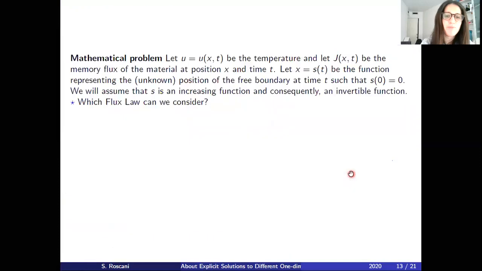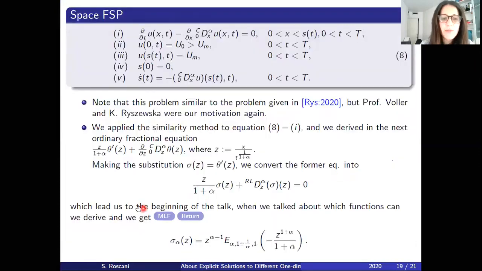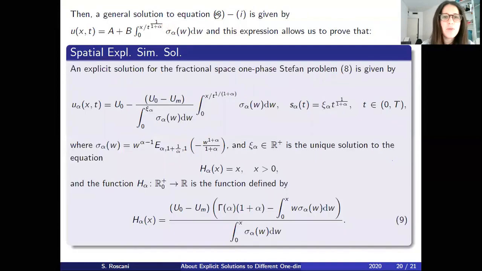So, thanks to Kilbas, we know the function sigma in terms of the three-parametric Mittag-Leffler function. Look, there are three parameters here, but two are both in terms of alpha, which is our order of derivation. We don't have another one. And then if I have sigma, I can recover theta, and if I recover theta, then I will recover a general solution, which is here.